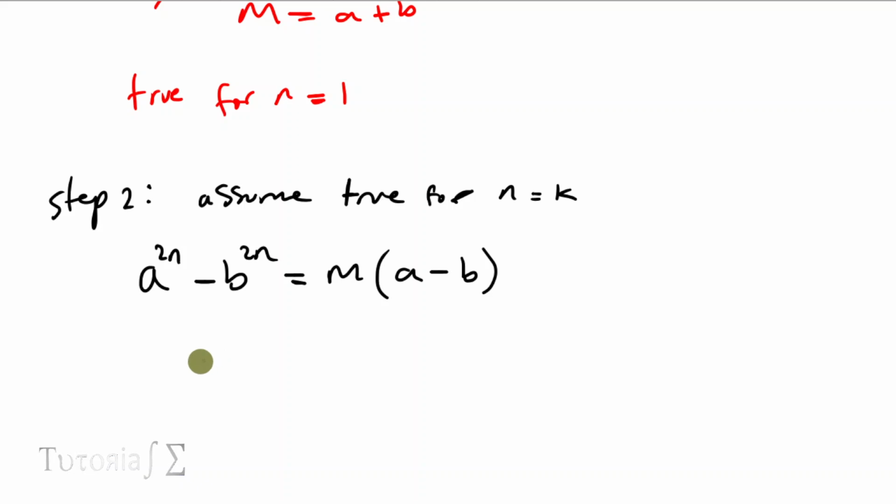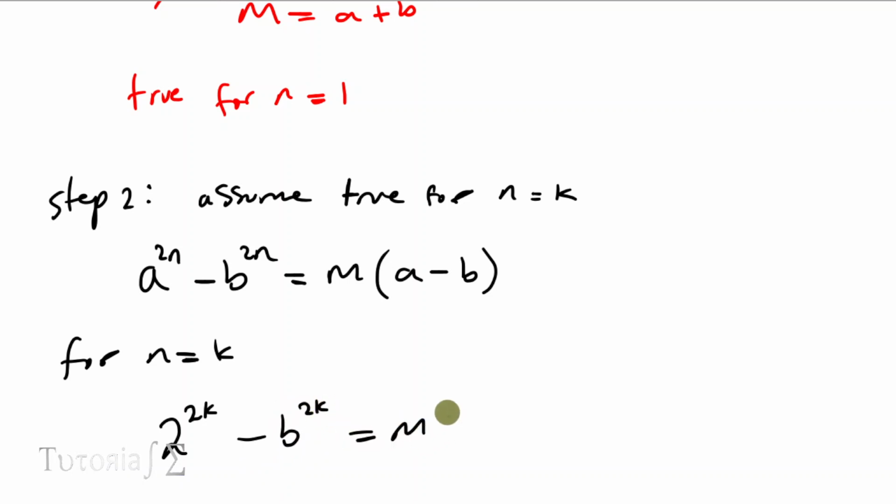Okay, so now for n equals k, we're going to have a to the power 2k minus b to the power 2k is equal to some integer times (a minus b). So we have not changed anything here.